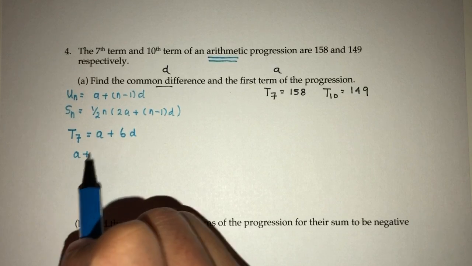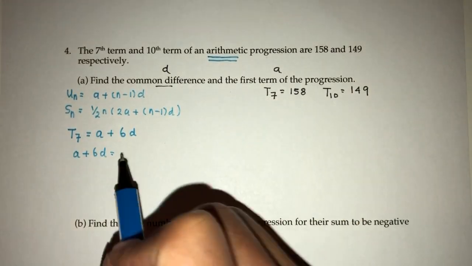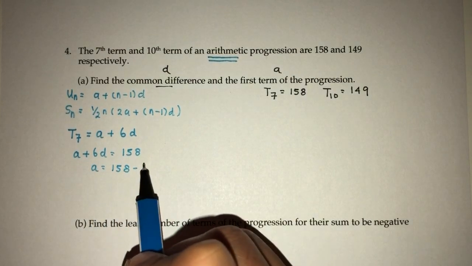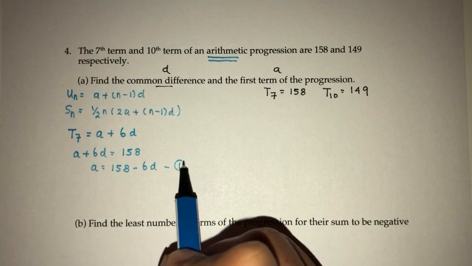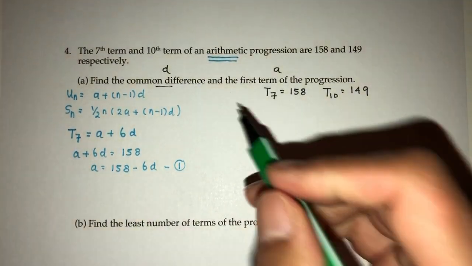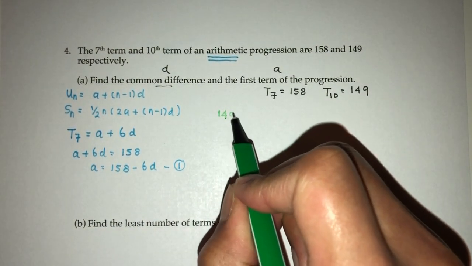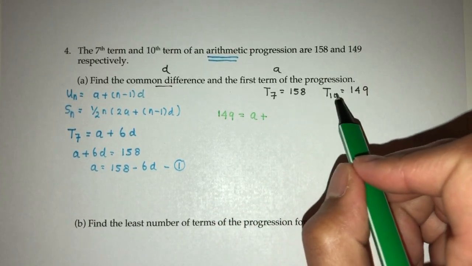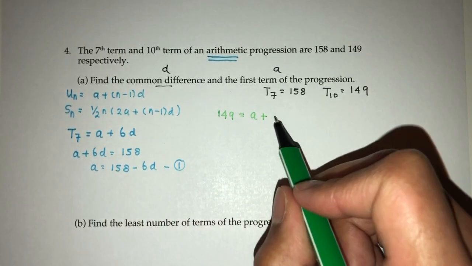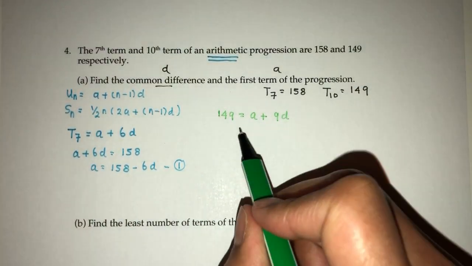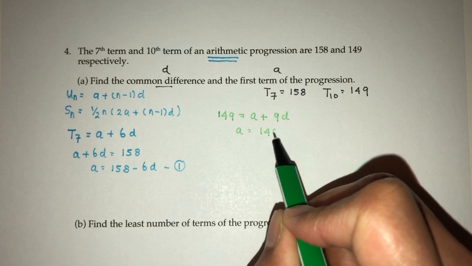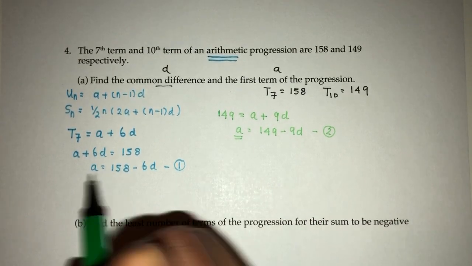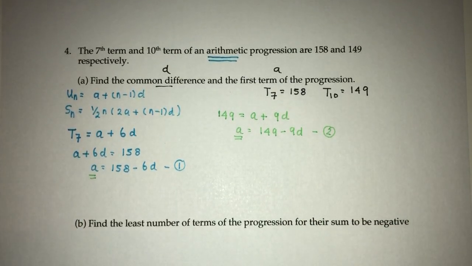So a plus 6d, t7 is 158. So a is equal to 158 minus 6d. That is number 1. Now number 2: 149 is equal to a plus, for the 10th term, 10 minus 1 is 9d. So again, a will be 149 minus 9d. That is number 2. Here we have a, here we have a, so we can solve simultaneously.